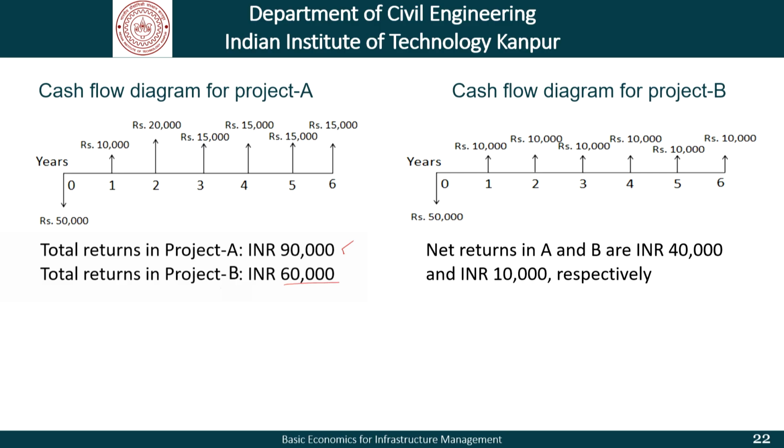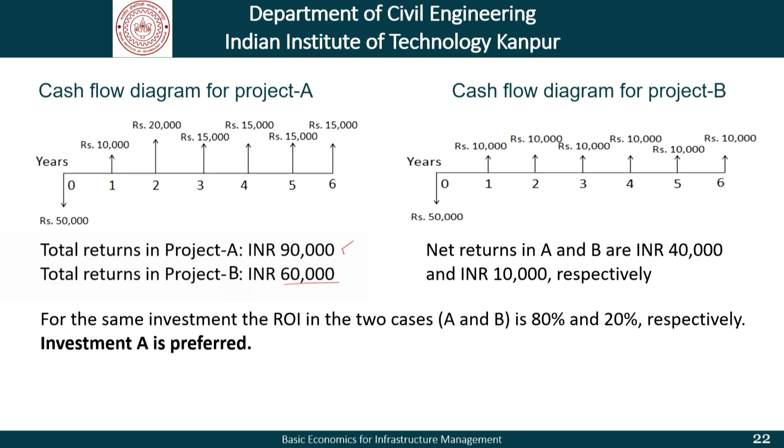After all, we invested 50,000 in both cases. In one case, we got 90,000, though it was over a period of 6 years. And in the next case, we got only 60,000, again over the same period, and therefore, the net returns are 40 and 10, and we can therefore calculate the ROI in terms of percentage, which is 80% for case A and 20% for B. Obviously, we would prefer investment A.